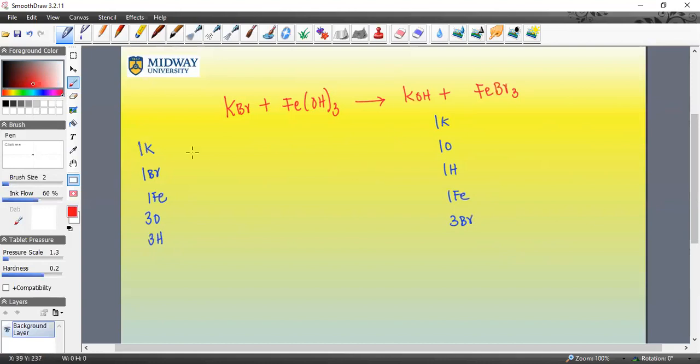All right, so 1 potassium, 1 potassium. I'm not even going to bother with it because it's exactly the same thing. And then 1 iron, 1 iron, that's also the same, so we don't need to focus on it right away. Well, there's 1 Br here, and there's 3 Br here. So that's where I want to start. So there's 1 and there's 3, so this has to become 3.